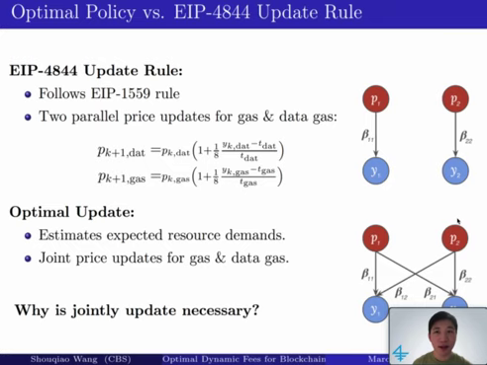For example, if the gas fee skyrockets, then there will be nearly no demand for both gas and data gas. No matter how much your data gas fee is, there will be nearly no demand because the blob transaction will also consume gas. So that's why the joint update is really important.